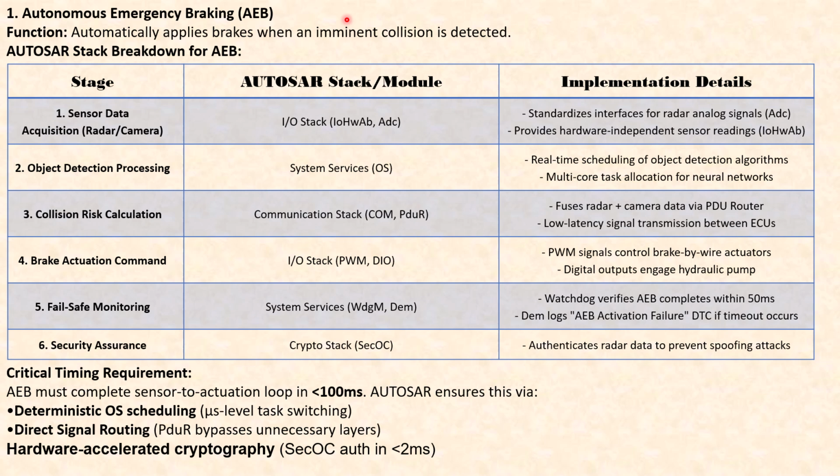Now, to elaborate further, AEB must complete the sensor to actuation loop within 100 milliseconds, and Autosar ensures this via deterministic OS scheduling, direct signal routing, and also hardware accelerated cryptography. Deterministic operating system scheduling means microsecond level task switching, and direct signal routing means PDUR bypasses unnecessary layers, and hardware accelerated cryptography means SecOC authentication in less than 2 milliseconds.